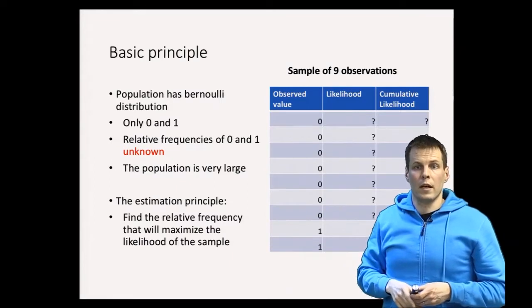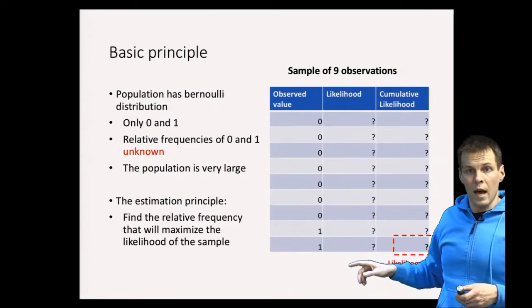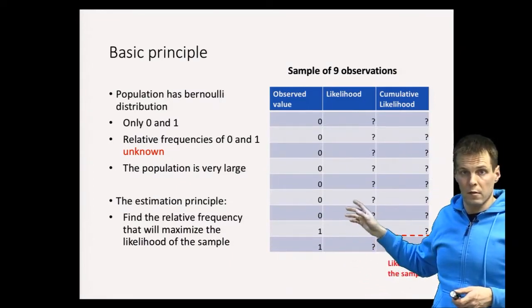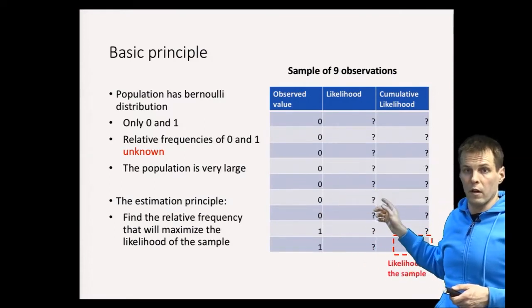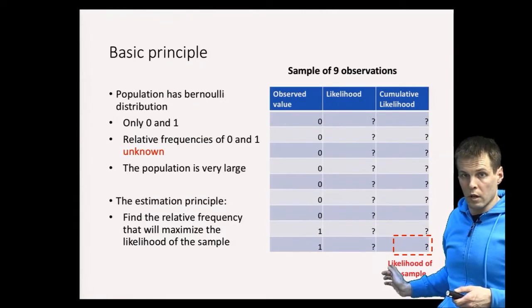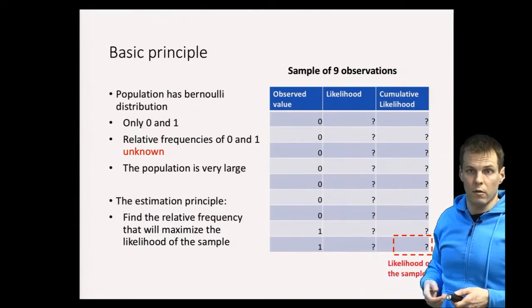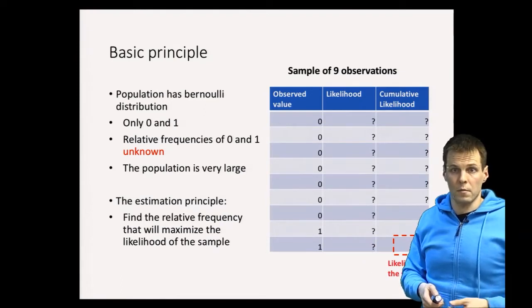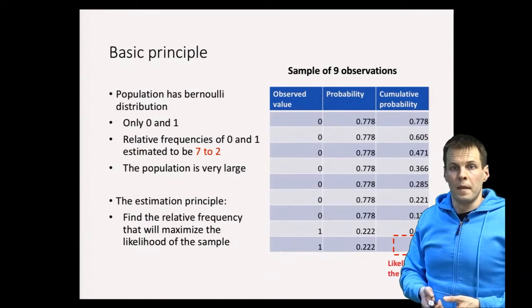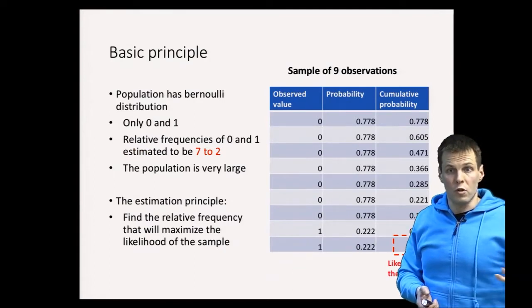Then we have some guesses for this ratio, and then we calculate likelihoods. We'll calculate the cumulative likelihood, and we maximize the cumulative likelihood to find the maximum likelihood estimation by changing our model parameters. So for example, we could guess that the ratio is 2 to 7.